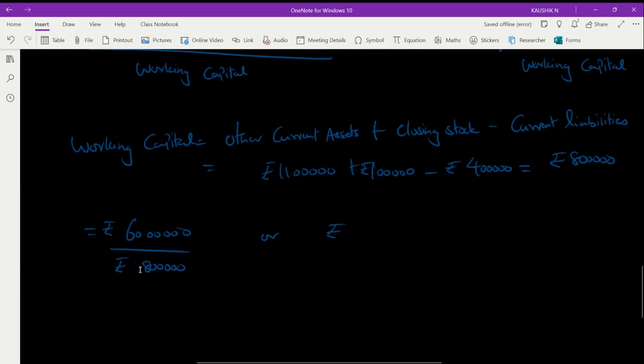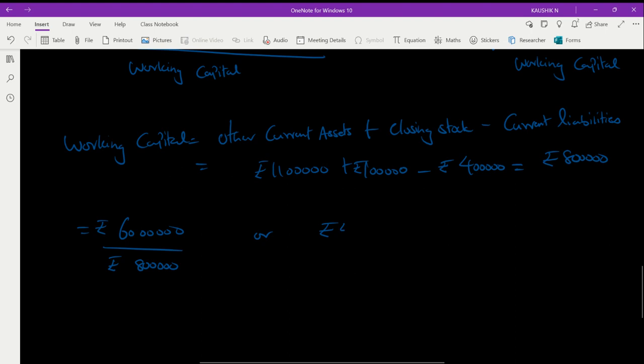So now record on this side rupees 45 lakhs divided by the same value of rupees 8 lakhs. If you cancel out the common zeros, here it will be 60 by 8. When you divide 60 by 8, you get 7.5.